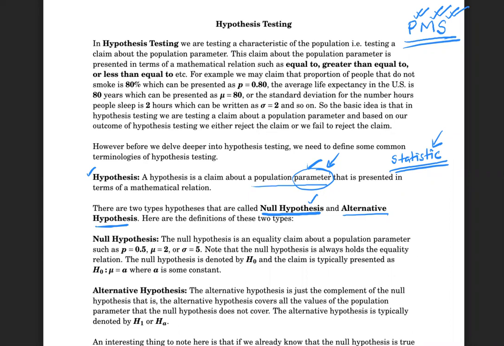So let's say we know that in the general population, 67% of the people support abortion. So that would be the null statement. That means it's given. Now, you as a researcher or as a consumer of information might be interested in finding out the validity of these assumptions.